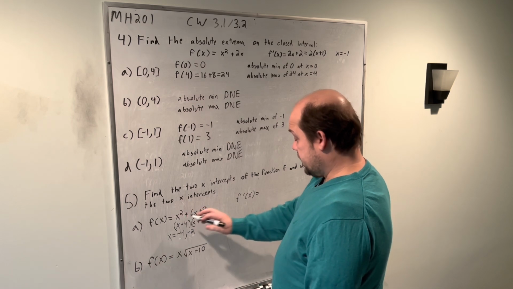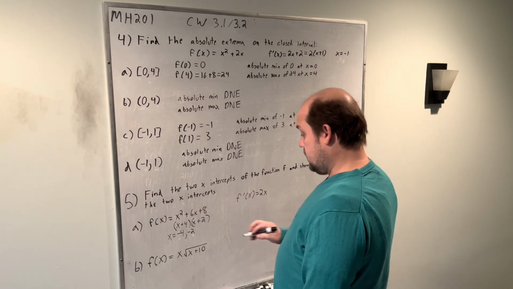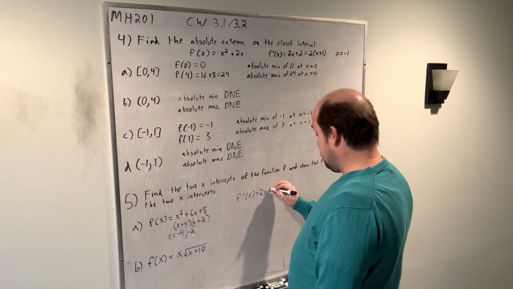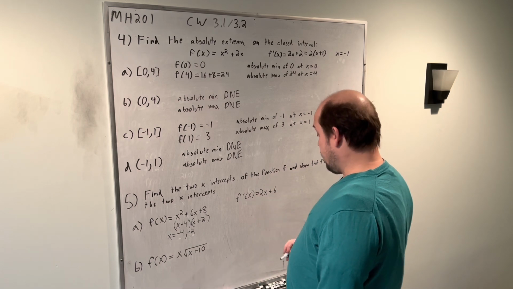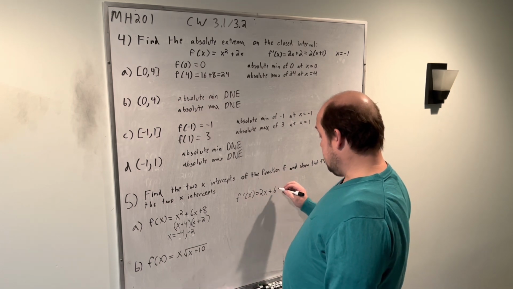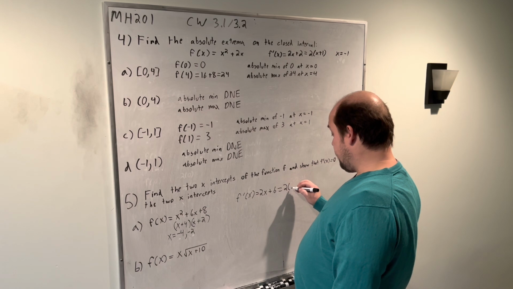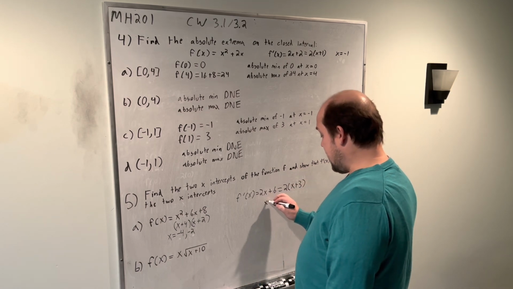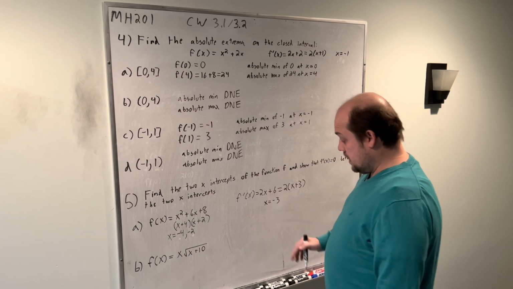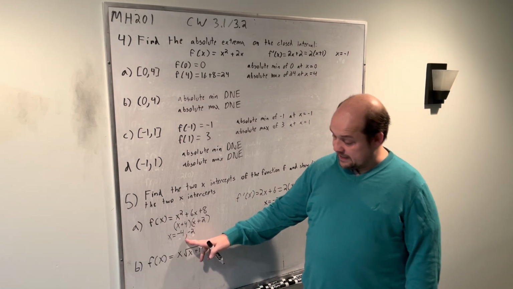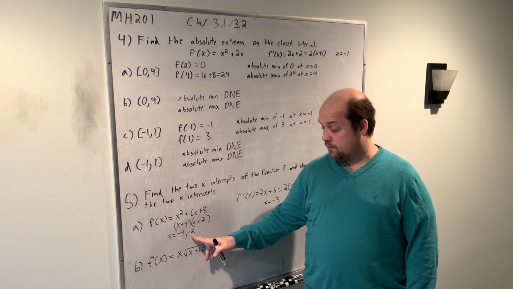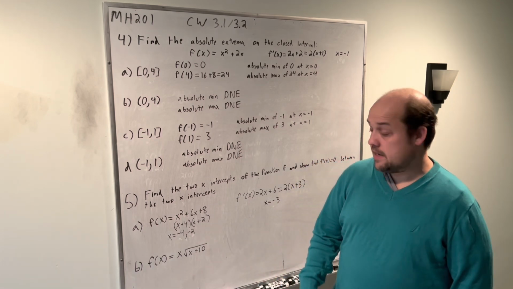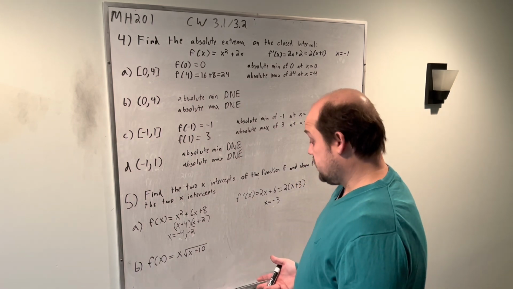When I do that, x squared becomes 2x, plus 6x becomes plus 6, and the 8 drops off. If I set this equal to 0 after factoring, I get 2x plus 3, which means x equals negative 3. Notice that that negative 3 is between the negative 4 and the negative 2 that I identified as my x-intercepts.